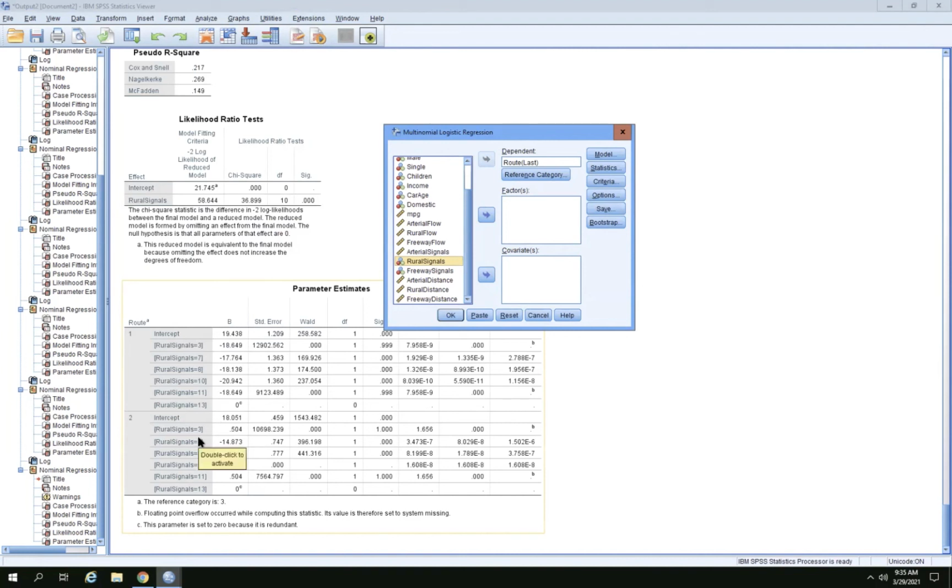You don't want the individual to always choose the same route for certain values, because you wouldn't be able to capture that effect if the data are completely separated, as appears to be the case for the 3 signals or 11 signals, which were our 2 smallest samples as shown above, okay? And then, in other variables like distance, we'd already shown these outputs.